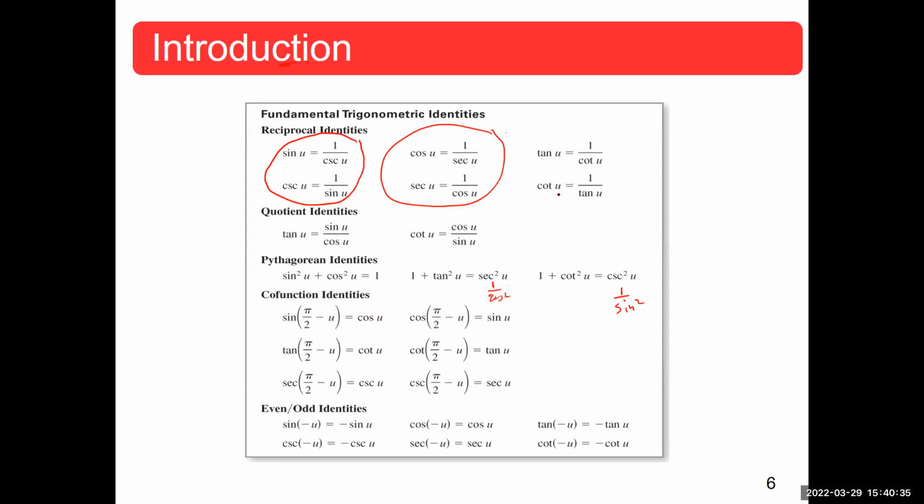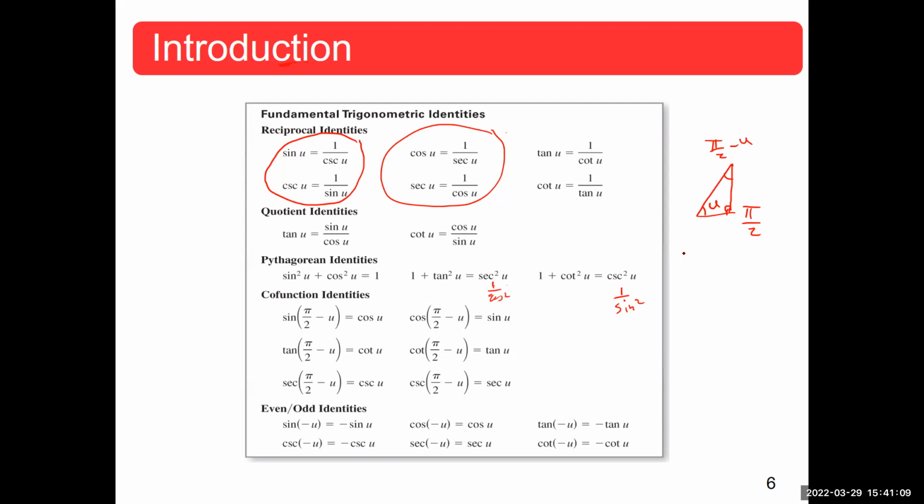Remember when we have that, even if you look in the triangle, if you have here an angle u, how much is this one? This is pi over 2 minus u, right? Because both of them equal 90. If this is u and this is pi over 2, then this is pi over 2 minus u.